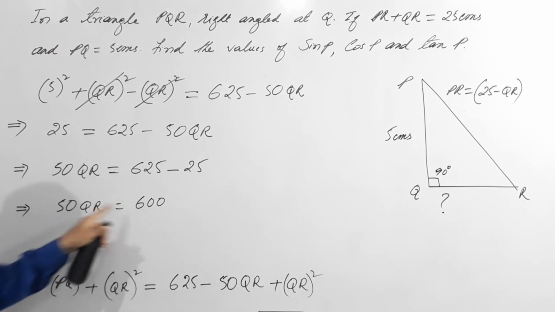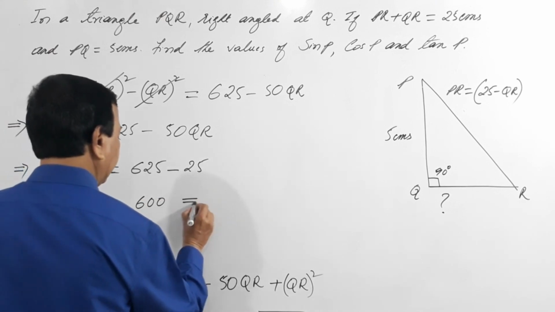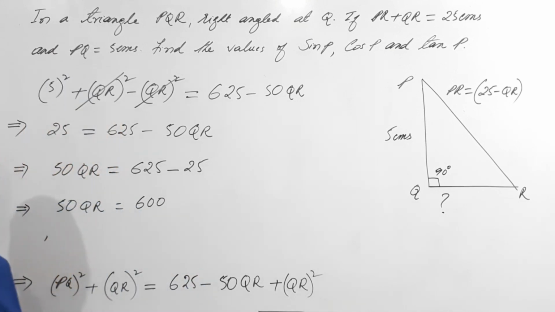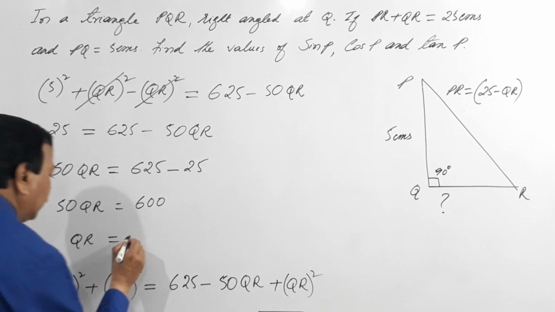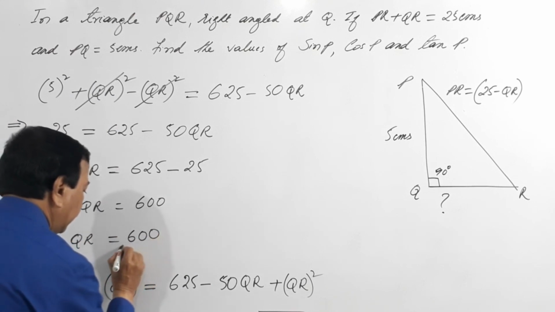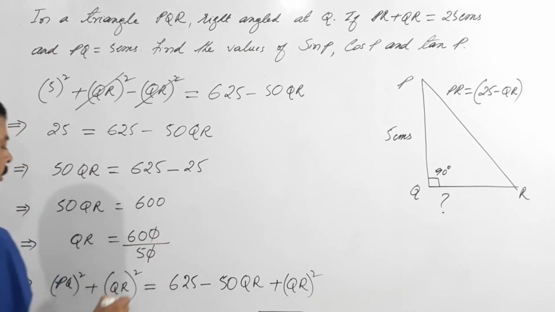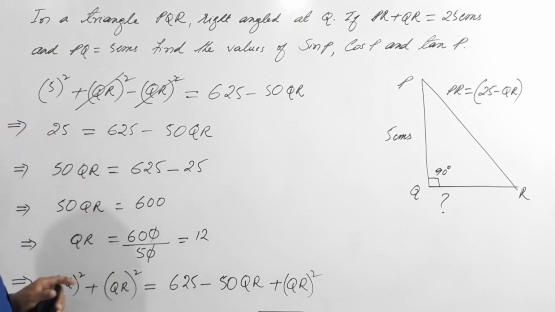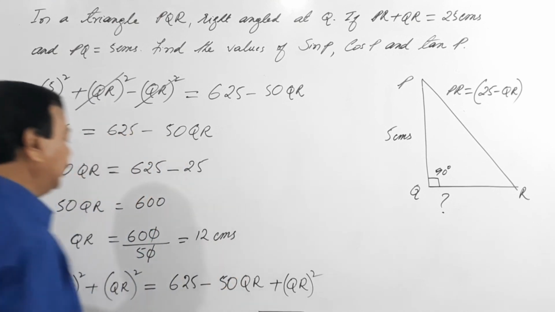QR will be 600 divided by 50. That is nothing but what? I'll write down only. QR is nothing but 600 divided by 50. So this becomes 12 centimeters.